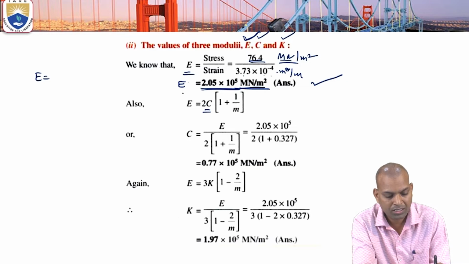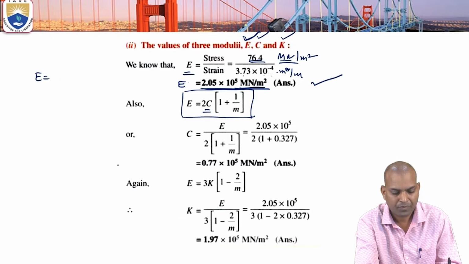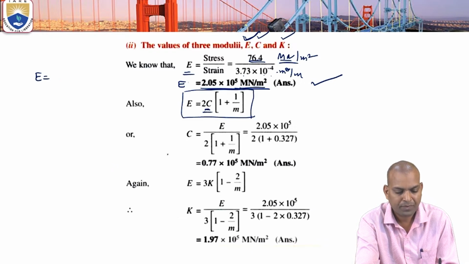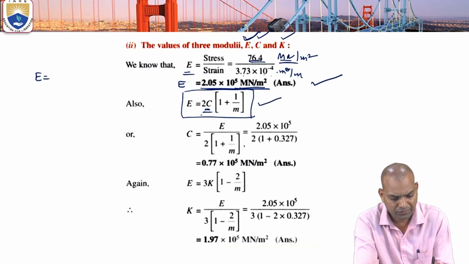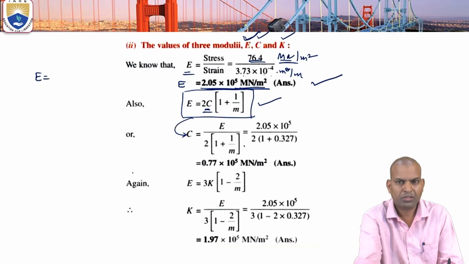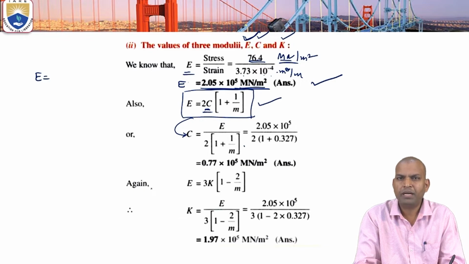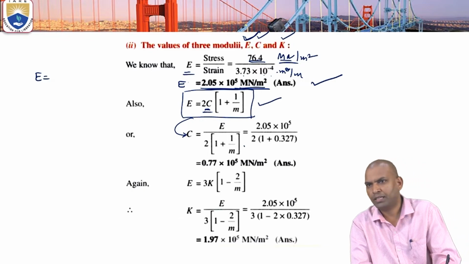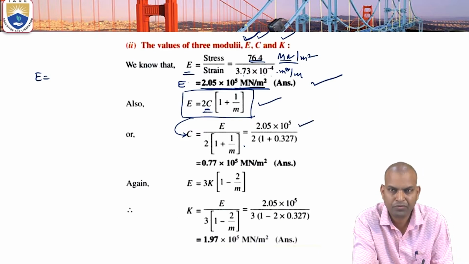That formula is E equal to 2C times 1 plus 1 by M. The unknown value is C. Then C equal to E by 2 times 1 plus 1 by M. This formula is converted in terms of the output, modulus of rigidity: C equal to E by 2 times 1 plus 1 by M. What is the E value? 2.05 into 10 power 5.